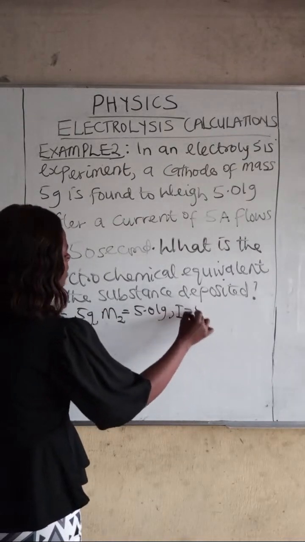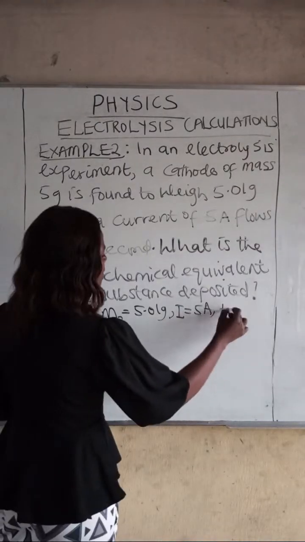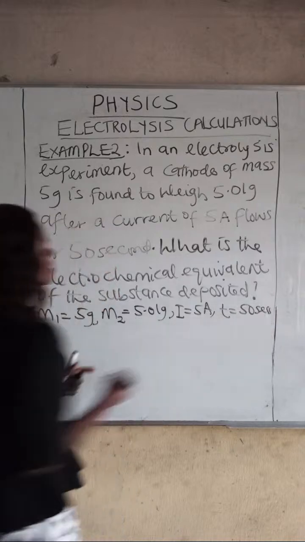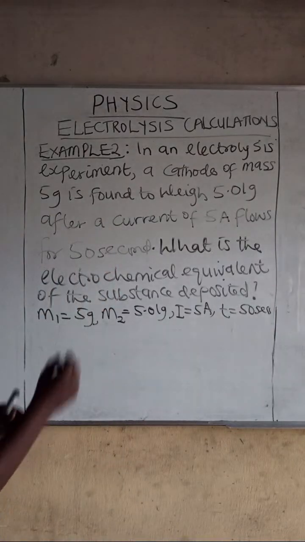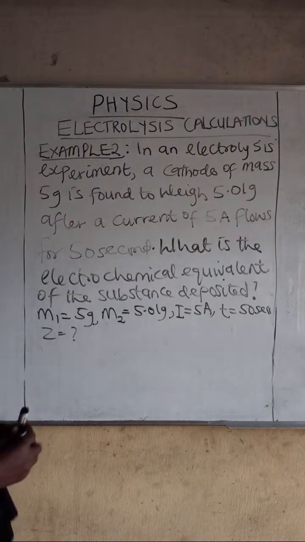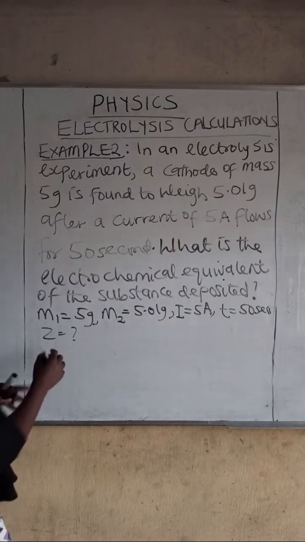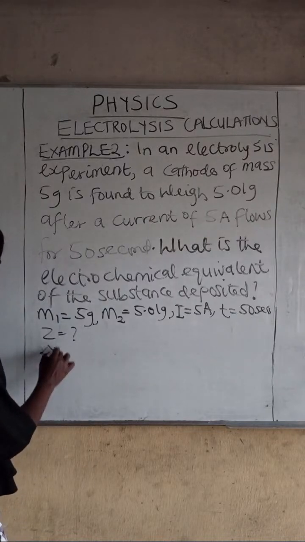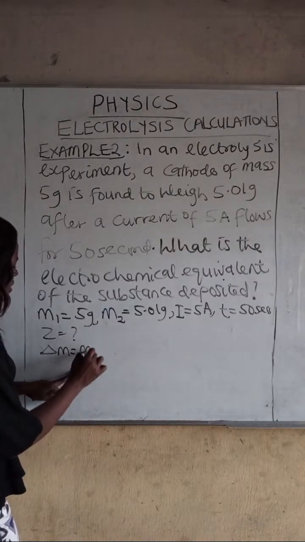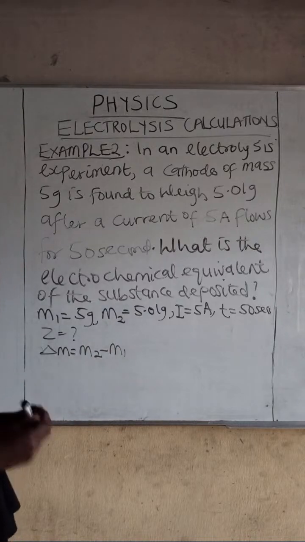The current is 5 amperes and the time is 50 seconds. So we are looking for Z. What you're going to do now is find the difference in mass, that is the change in mass, M2 minus M1. Okay?